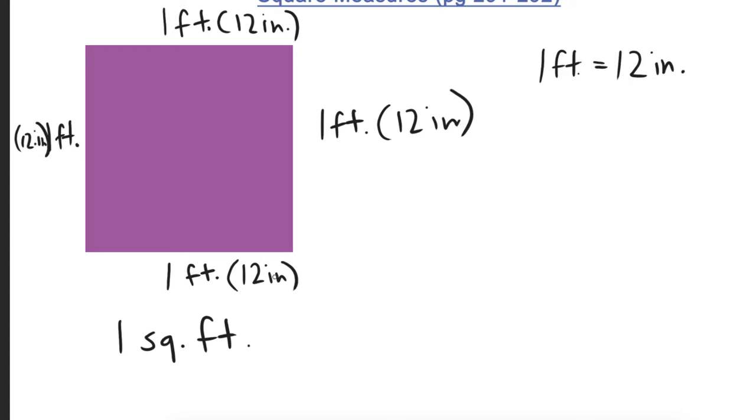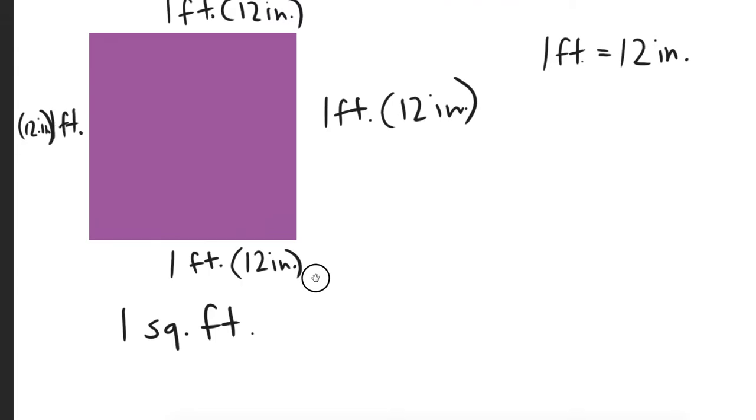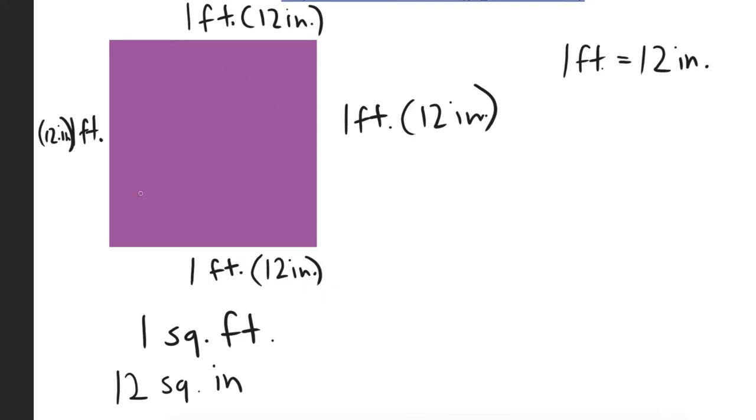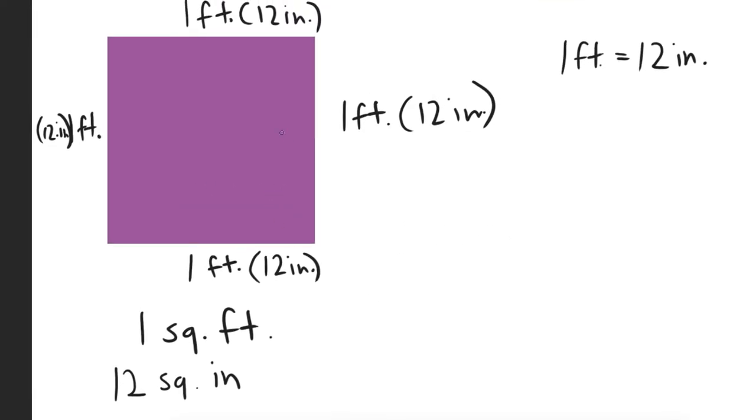I kind of ran out of space there. All right, so does that mean it's now 12 square inches after I change everything to 12? No, right? Does that mean I can fit just 12 squares into my shape here? No. Because the way we find the area of a shape is we multiply.